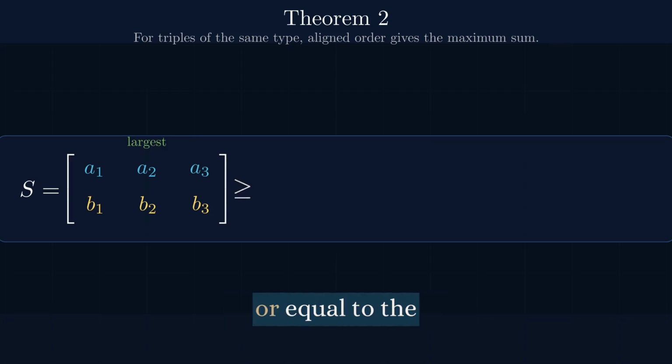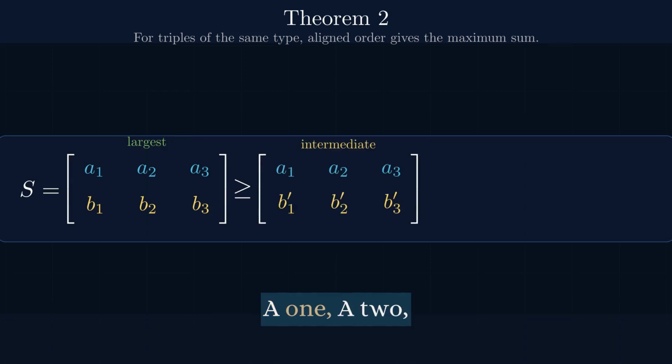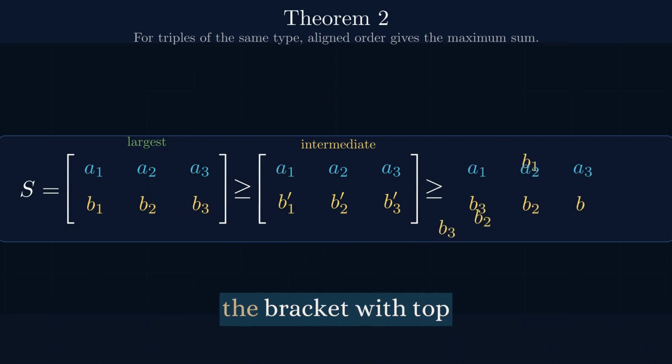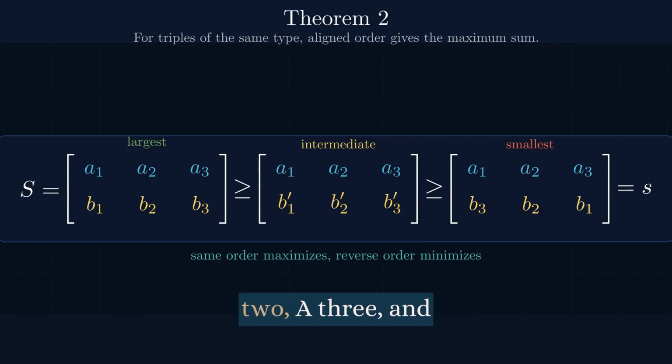This is greater than or equal to the bracket with top row A1, A2, A3, and bottom row B1 prime, B2 prime, B3 prime. Here the second row is any permutation of B1, B2, B3. This bracket is greater than or equal to the bracket with top row A1, A2, A3, and bottom row B3, B2, B1, equal to lowercase s.